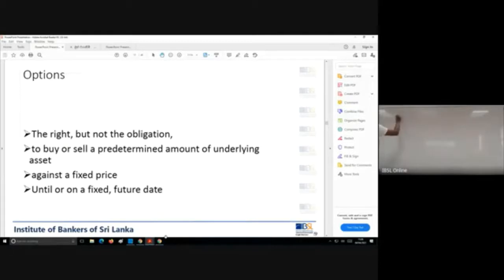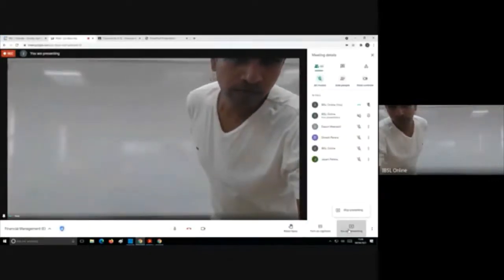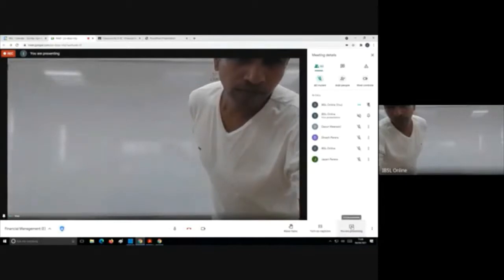Today is 4th of April. Let's say 30th June. Let's say you need to buy mangoes. You need to buy one mango. Let's call the price of a mango the spot price. The spot price of a mango, let's say, is 100 rupees.